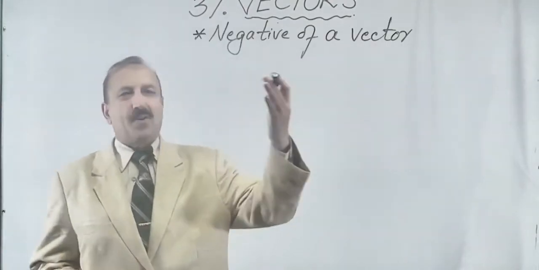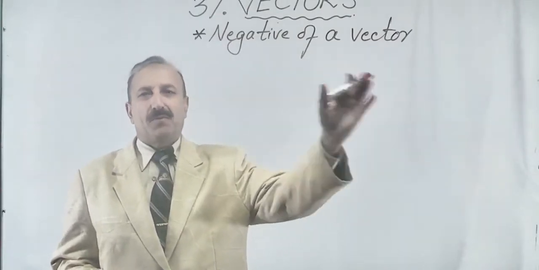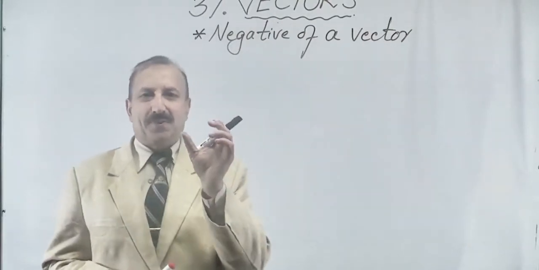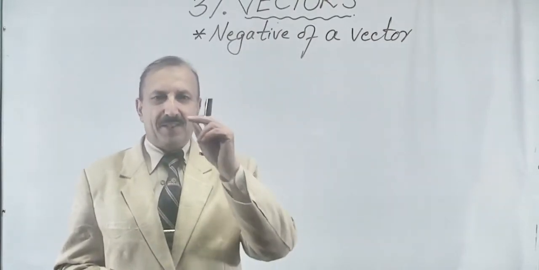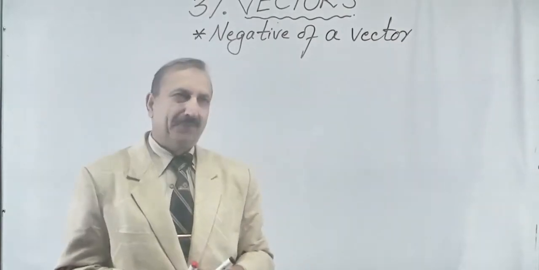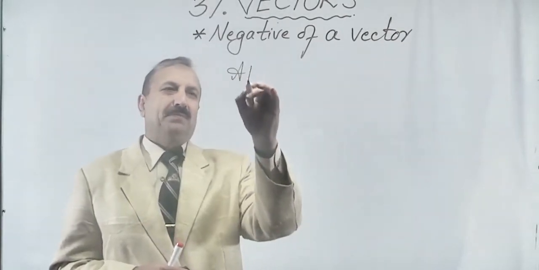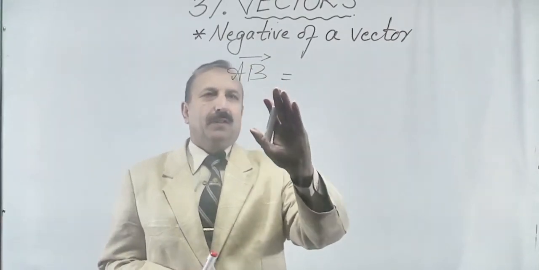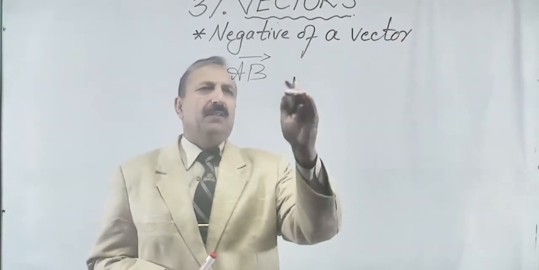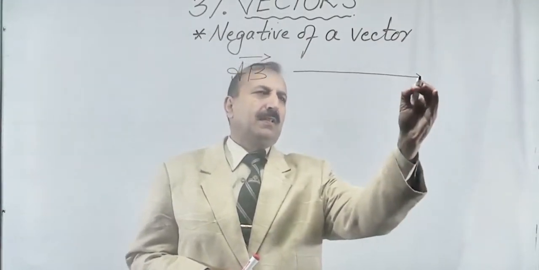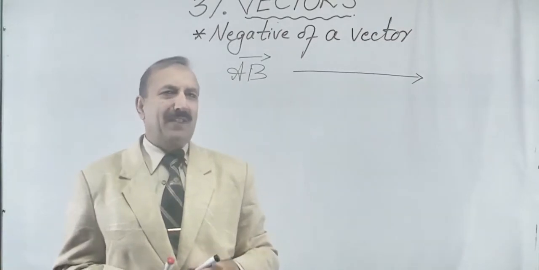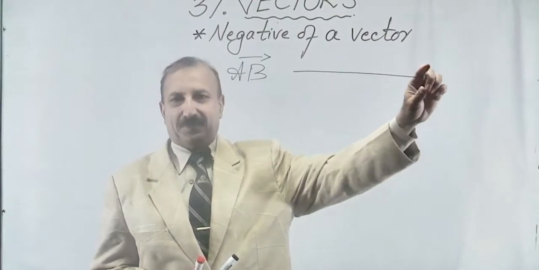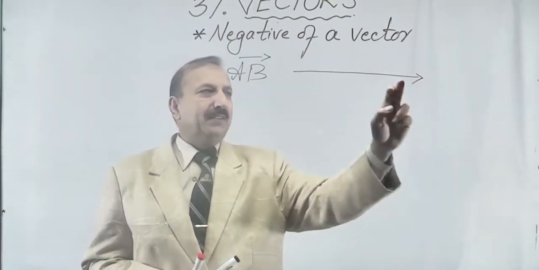Dear student, in this next concept we have the negative of a vector. We know a vector is a combination of two things: one is length and the other is its direction. If we have vector AB, it means there is a certain vector that consists of its length as well as its direction.